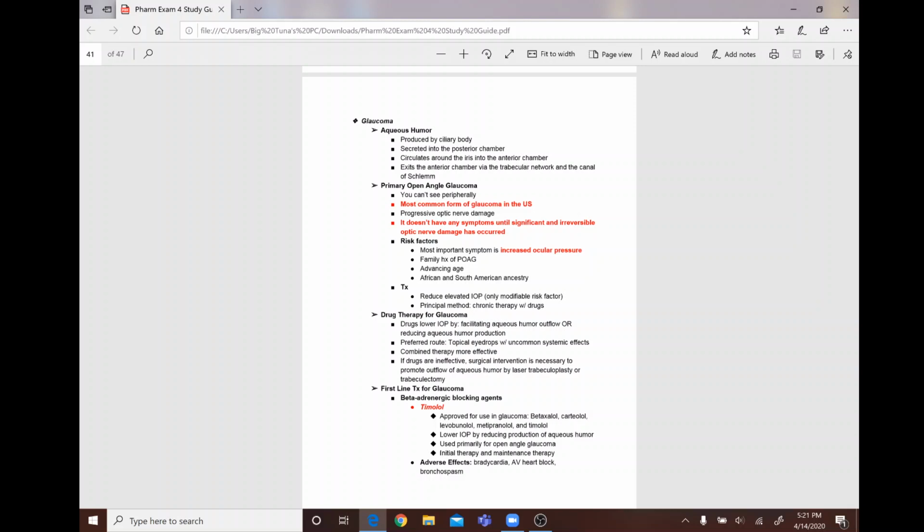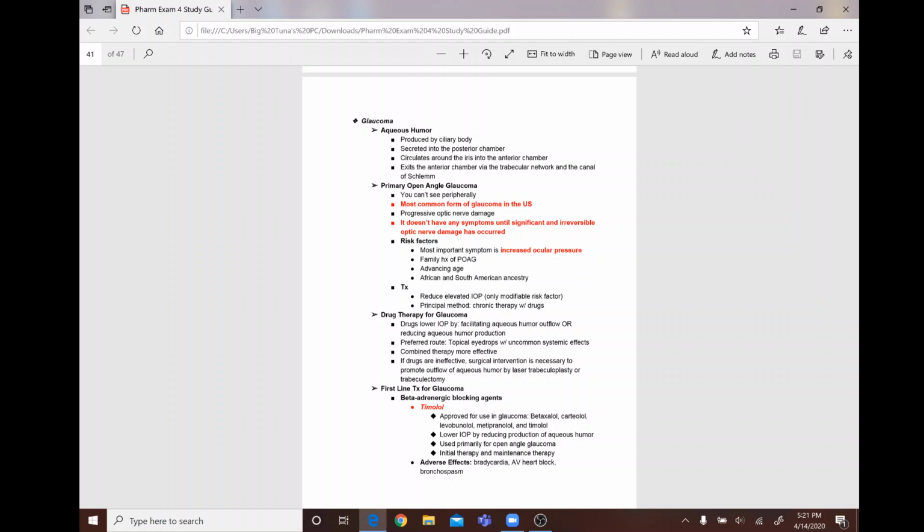All right. Tell me about primary open-angle glaucoma. You can't see peripherally. Most common form of glaucoma in the U.S. Progressive optic nerve damage. It doesn't have any symptoms until significant and irreversible optic nerve damage has occurred.